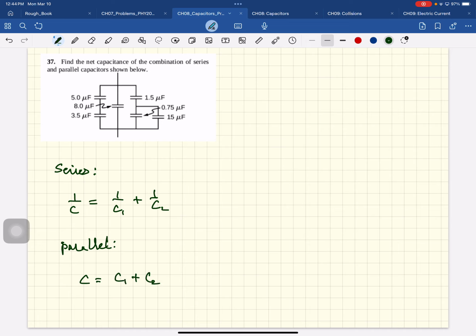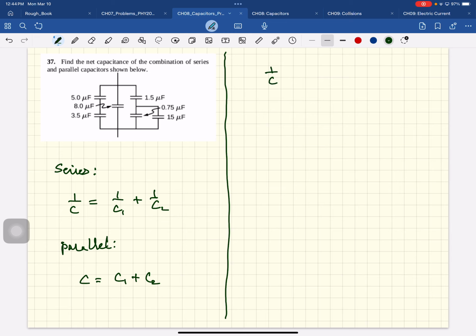Okay. All right, so in this diagram, these two guys are in series, so we'll reduce them to a single capacitor using this. These two guys are in parallel. We'll reduce them to a single capacitor using this. Okay? So I'll do them on the side.